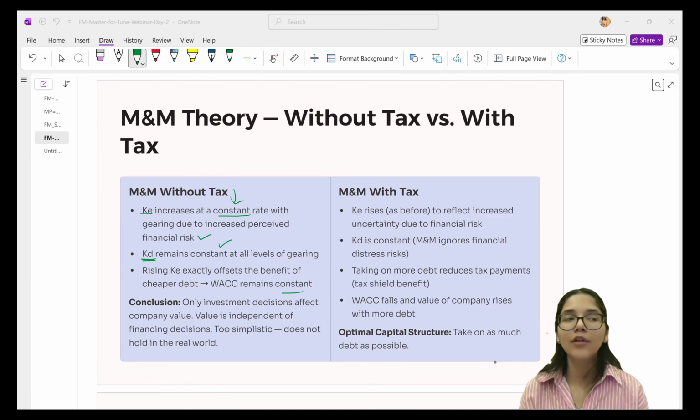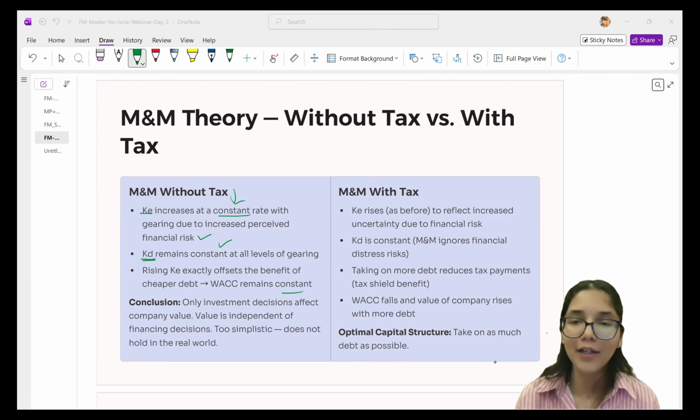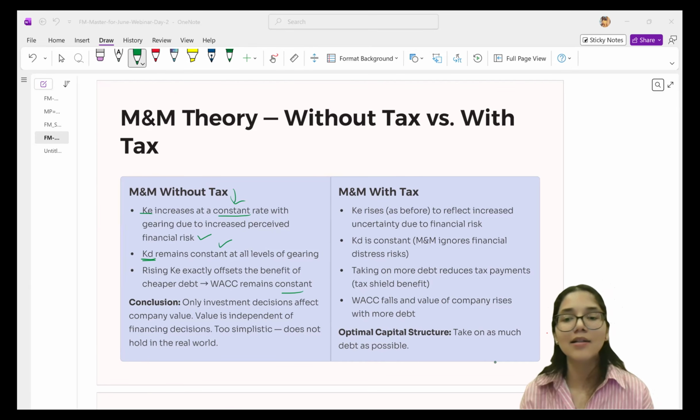So if I want to increase the value of my company or decrease the cost of capital, my investment decisions, absolutely correct, Shreya, have to be taken properly. These assumptions do not hold true in the real world. We will also study that both of the theories, the M&M without tax theory and with tax theory, have assumptions that are too simplistic and do not hold true in the real world.